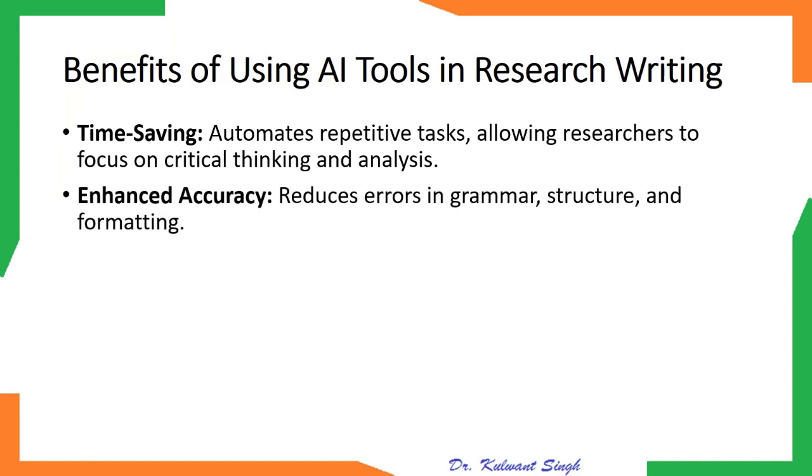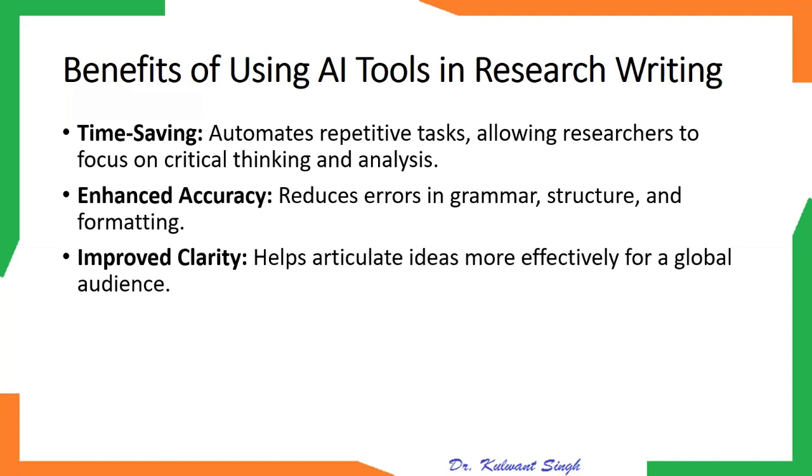Second is accuracy. Once the AI tool assists us to improve our grammatical errors, structural errors, and the formatting process, then overall we can say the accuracy of our research writing process will be increased. Third, improved clarity.